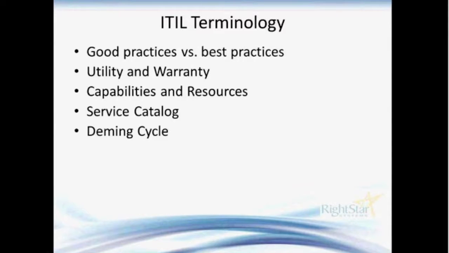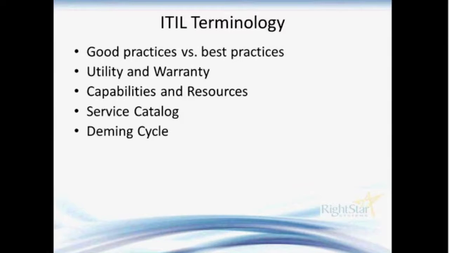But equally important are the capabilities. So what is the management structure? Is it designed in a way that supports the goals of the IT organization? What are the individual skill sets of the staff within IT? Those all speak to our capabilities. We want to be sure that we are maintaining appropriate levels of capabilities and resources within the IT organization.